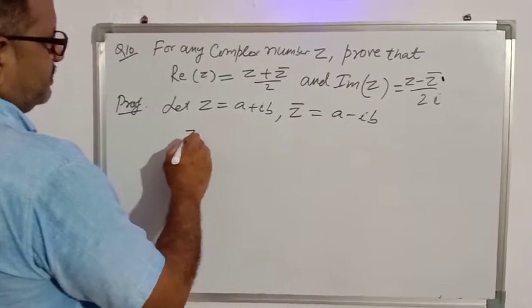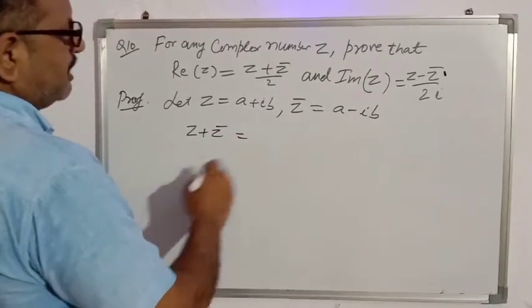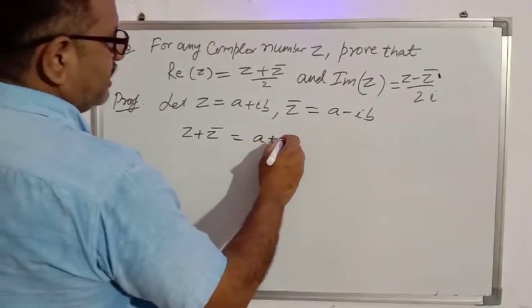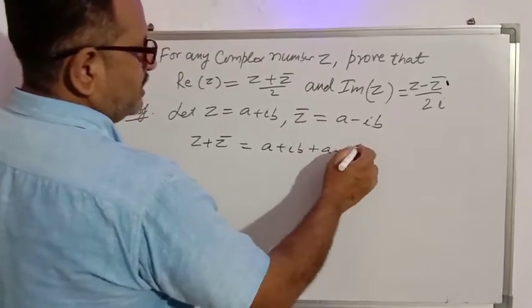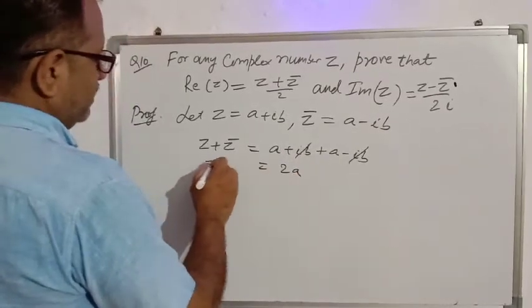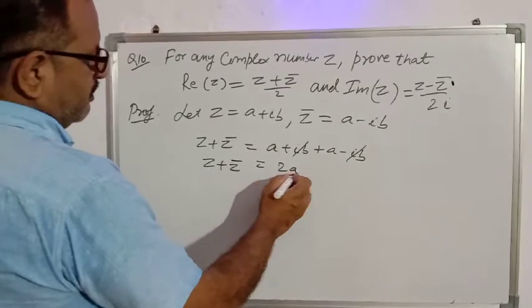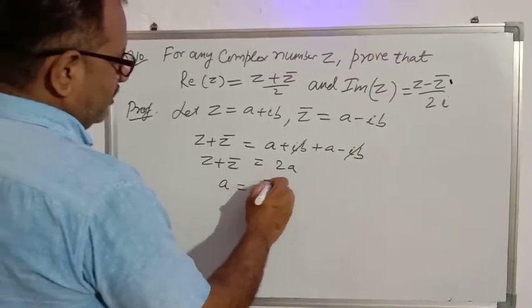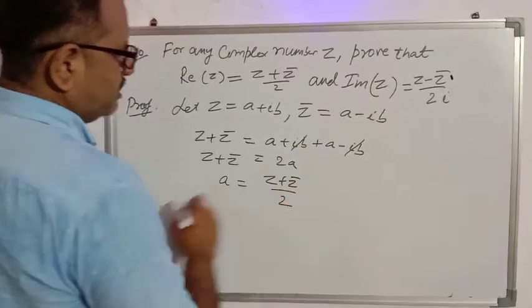So z plus z bar will be a plus ib plus a minus ib. This is cancelled, so 2a is equal to z plus z bar. So what will be a? A will be equal to z plus z bar upon 2.